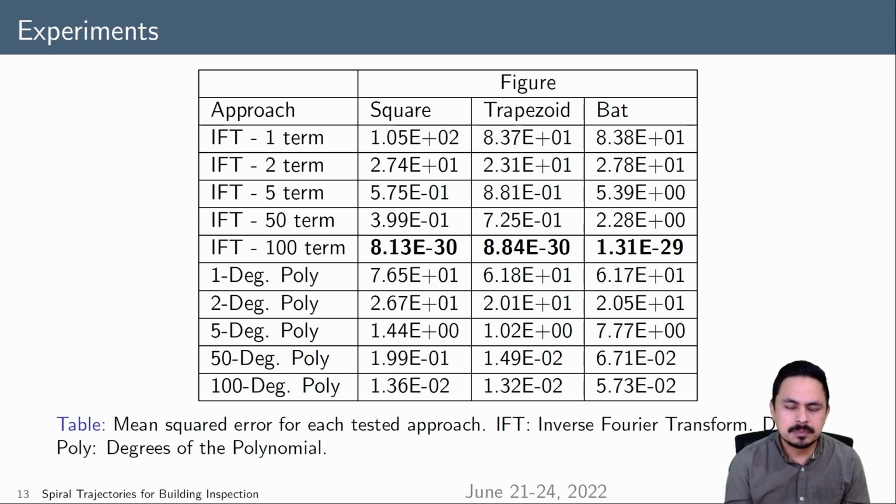As we can see, both methods can approximate the figure. However, as we increase the number of frequencies, we can see that the path is approximated in a better way. So the best approximation is obtained by 100 frequencies.